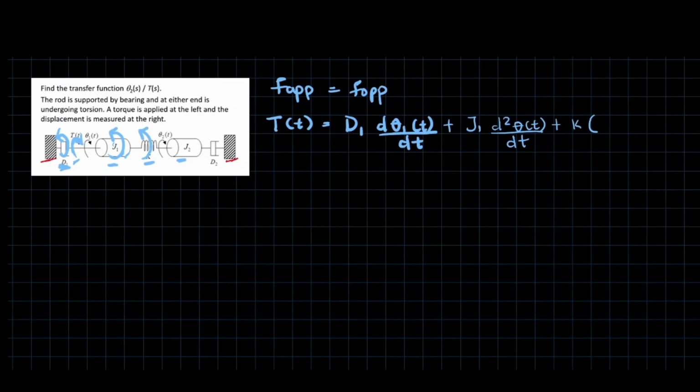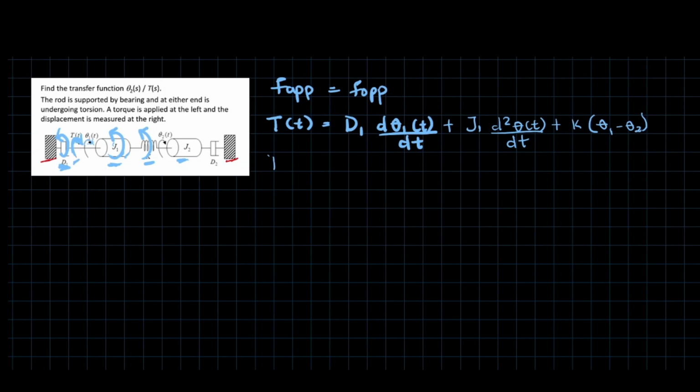Remember I said that it's in between the two masses. That means it's affected by both of their rotations, so it's going to be theta 1 minus theta 2, basically the angular displacement of the inertias. Now we can just take the Laplace transform of each of these.